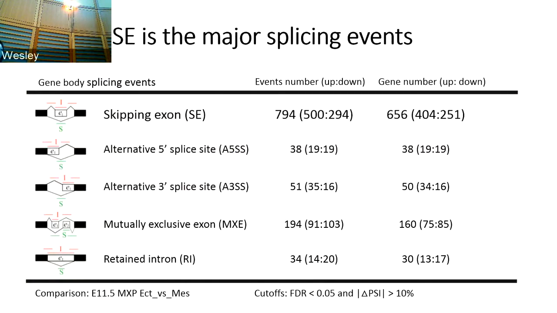There are 5 different types of gene body splicing events. I don't have time to go through every one, but clearly from the numbers in the table, skipping exon is the major splicing event in facial development.